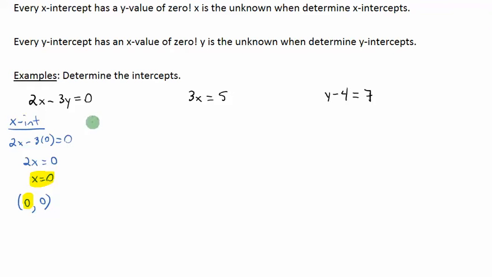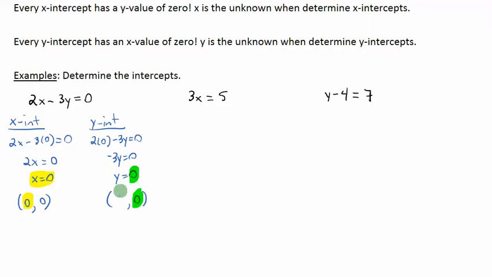Okay? So my y-intercept, I plug in 0 for x. So I get 2 times 0 minus 3 times y equals 0. So I've got negative 3y equals 0. Divide by negative 3 and I can see that y is 0. So my y-intercept is the ordered pair where y is 0.